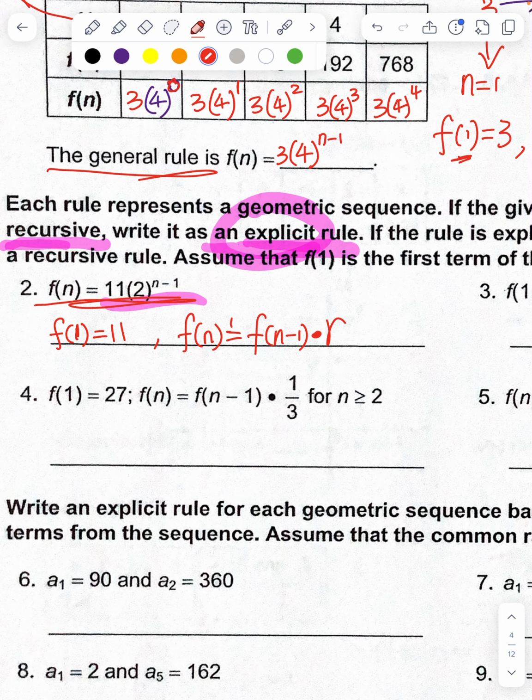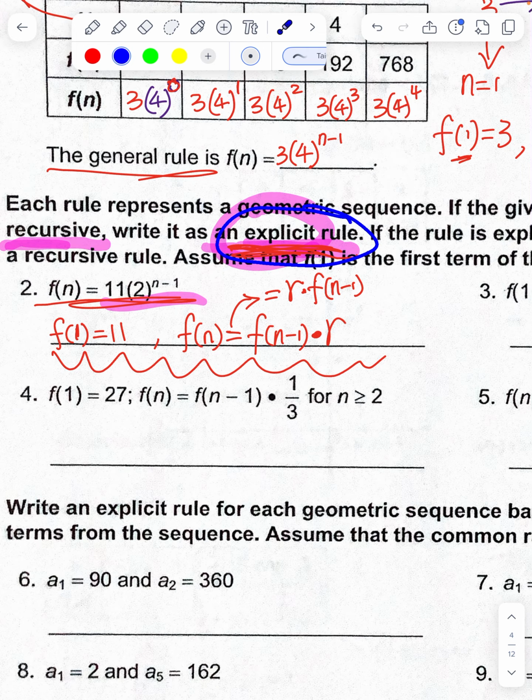Or you can write R, common ratio, times the previous term. This is a recursive rule. Honestly, we don't use a recursive rule for geometric sequence because it's not as good. For arithmetic, sometimes we use this kind of rule a lot, but honestly, this is way more important.